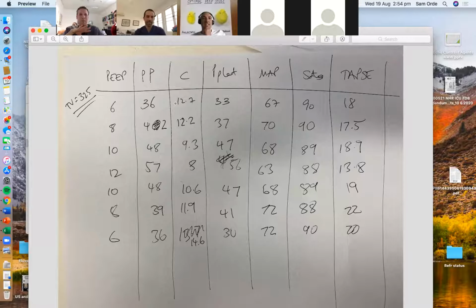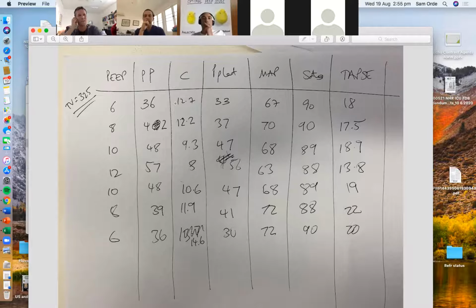I think the PEEP number that you need probably doesn't matter too much in 95% of our patients. It must be the same in your units. It's either 5 or 8 or 10 on 95% of them. But there's a group of patients we need to think about PEEP very, very carefully, and those are people, I think, who've got asthma, who've got horrible atelectasis, and who have ARDS.